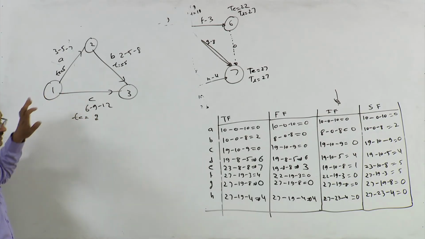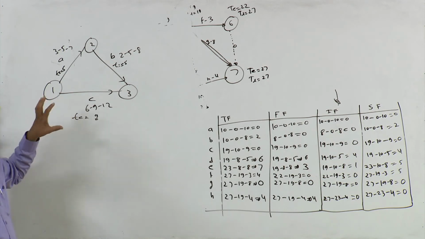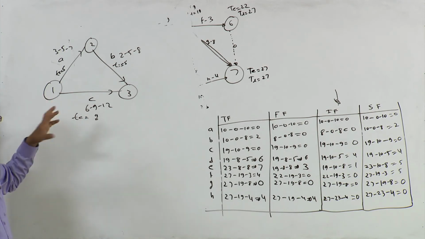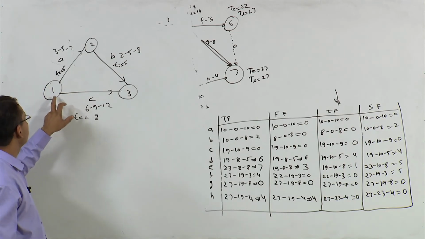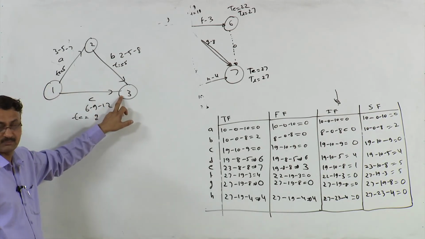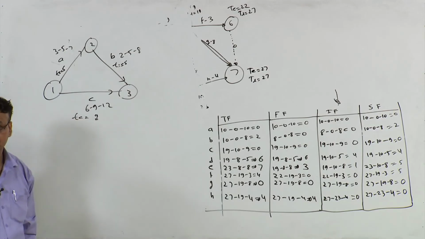In fact, if you take optimistic times of all these 3 activities, then this path would become critical path, not this path. So whenever there is little change, there is possibility of change in critical path.